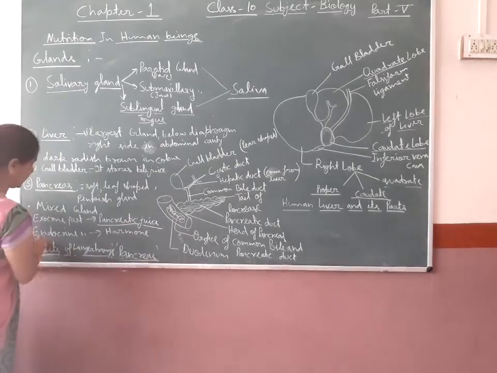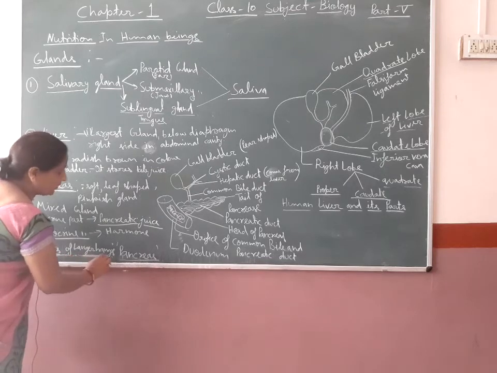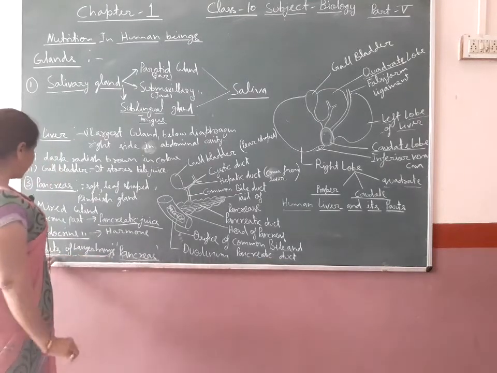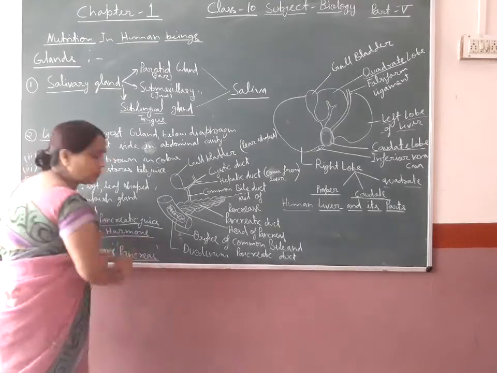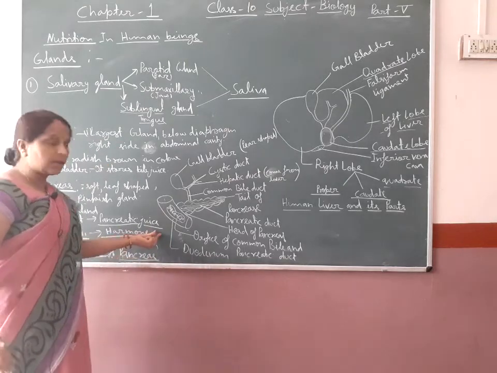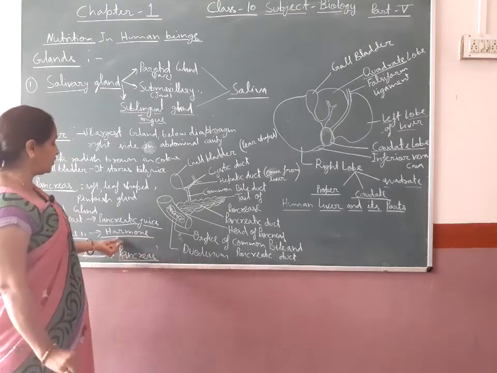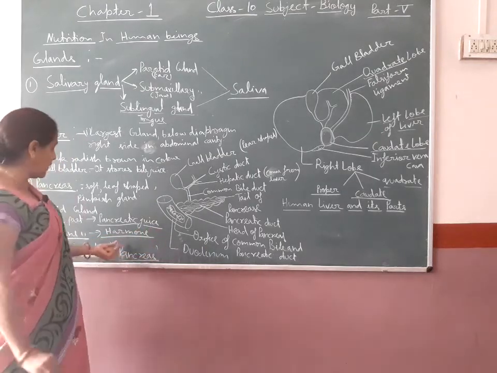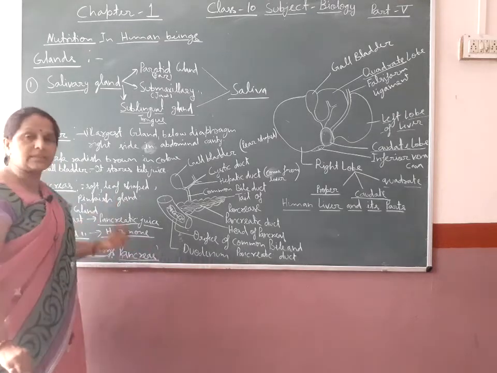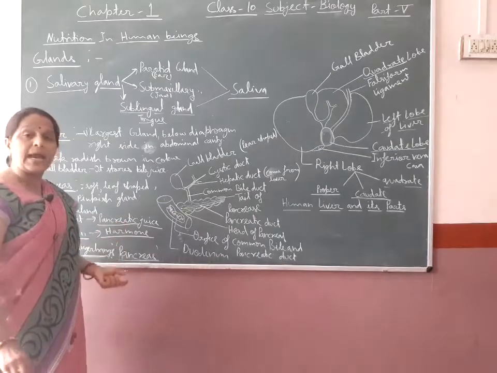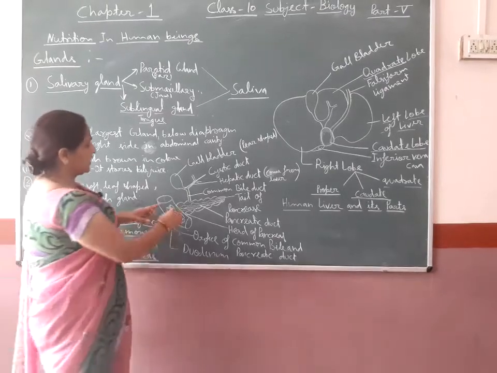The second part is the endocrine part, which consists of the islets of Langerhans, which secrete the hormones glucagon and insulin. All of you should know about glucagon and insulin. These hormones are also secreted by the pancreas. So, the pancreas is called a mixed gland because it consists of exocrine and endocrine parts and secretes both enzymes and hormones.